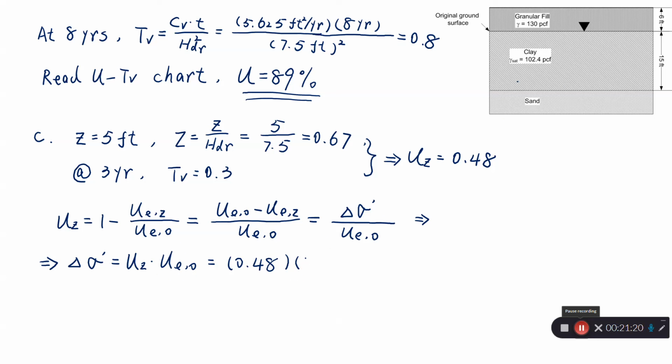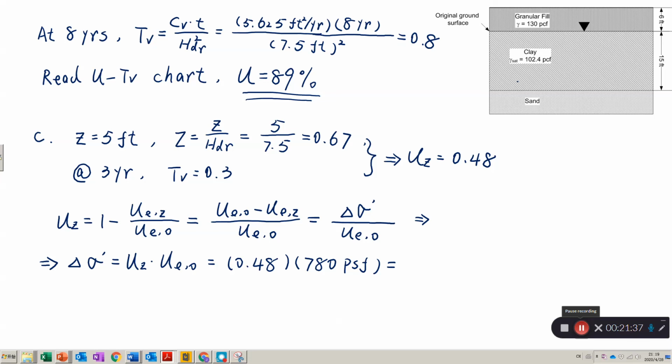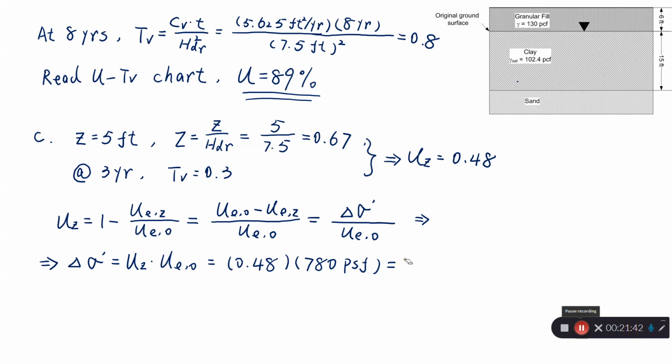So it's going to be 780 PSF. 780, right? What it comes from is 130 times 6, right? 130 times 6 is the UE nut, and that gives 374.4 PSF. Okay, so that's the increase in effective stress.